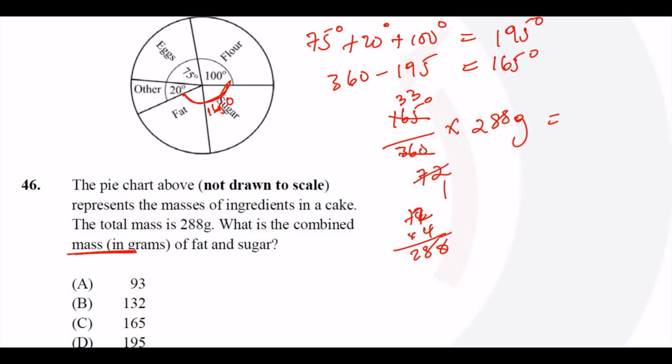So 72 into itself is 1, and 72 into 288 goes 4 times. So we have 4 times 33. 3 4s are 12, carry 1, 3 4s are 12, and the 1 makes 13. So 132 grams is the combined mass of fat and sugar. So our answer is B.